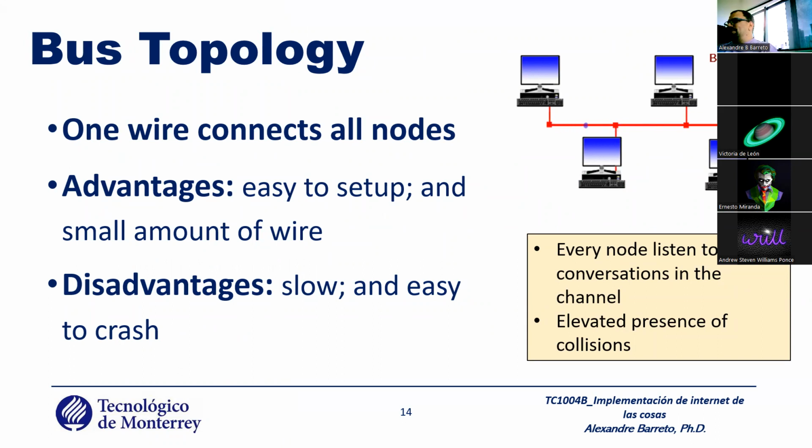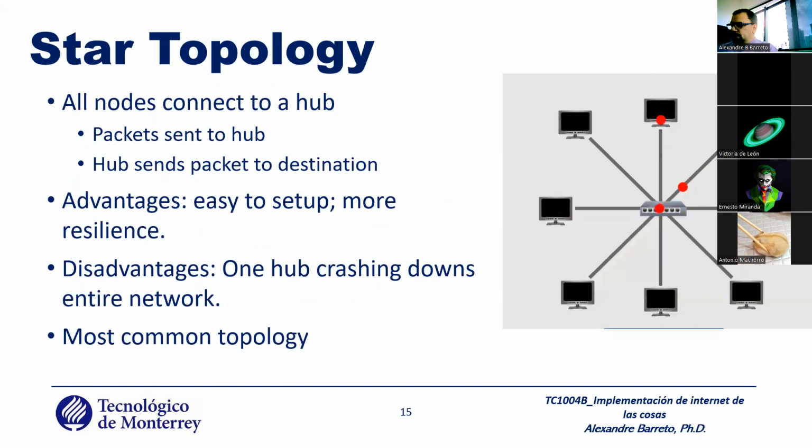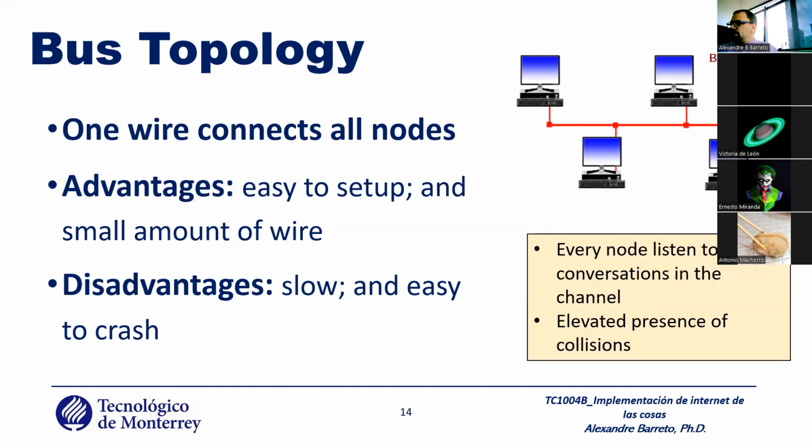No, it's not good to use it anymore. The first local area network that I used in my life used the bus topology. This type of topology has a lot of problems, because the physical implementation is not so easy.